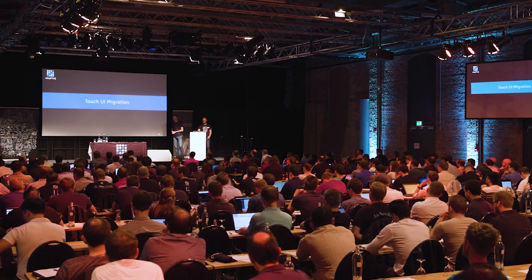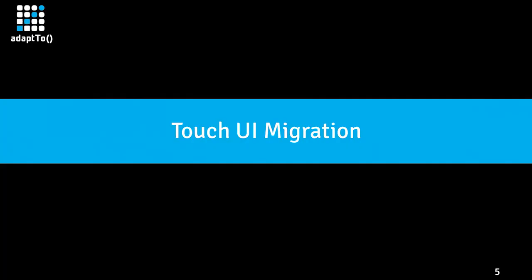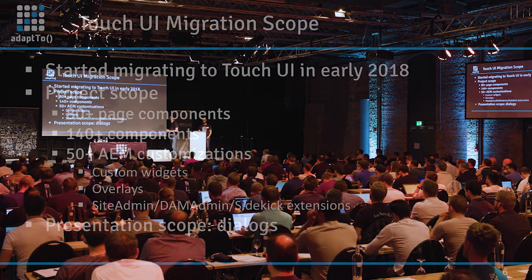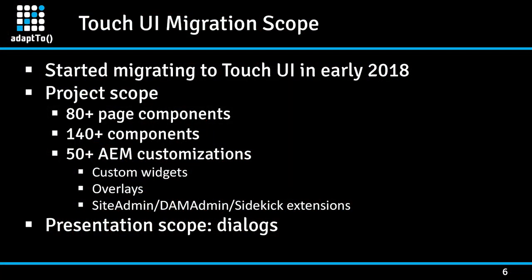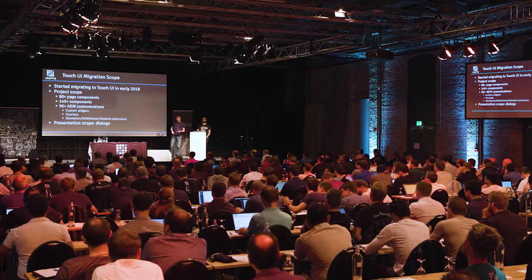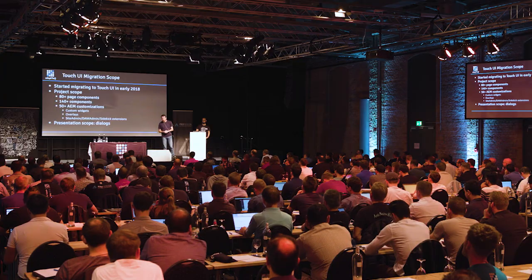All right, let's talk about our TouchUI migration. To give you deeper context about our project, we started the migration at the beginning of the year. Just for you to understand what a large project is for us, we have roughly 80+ page components that our content editors can use. We have 140 components that can be used within those pages.